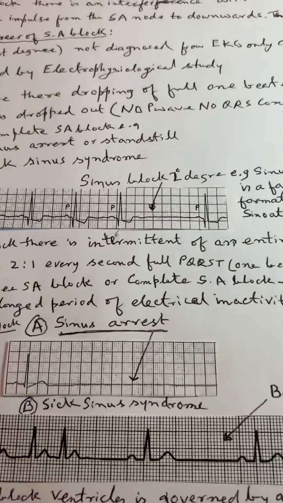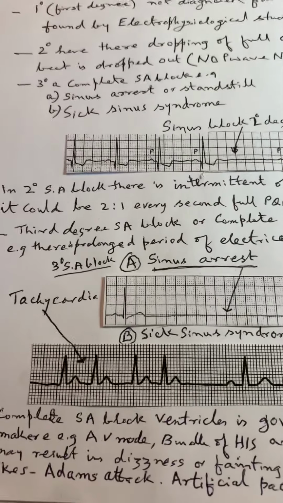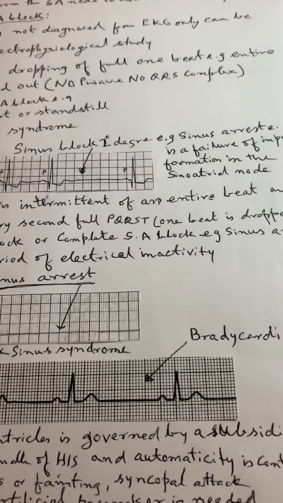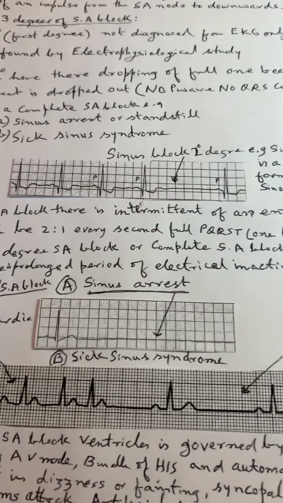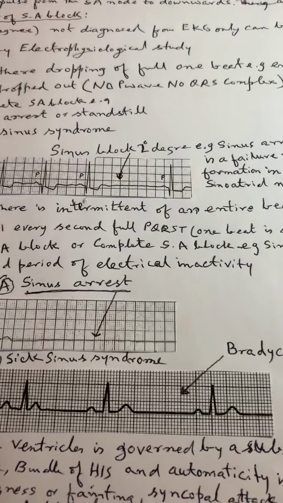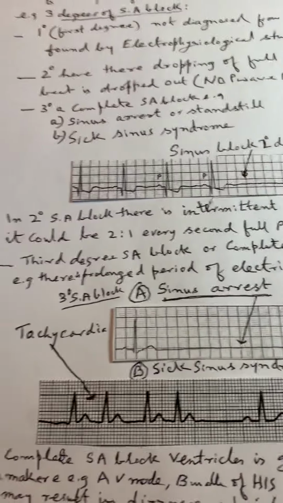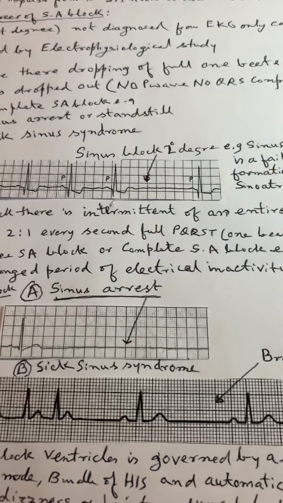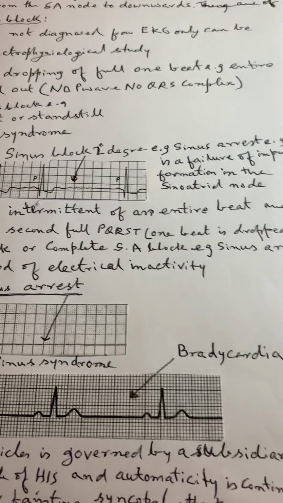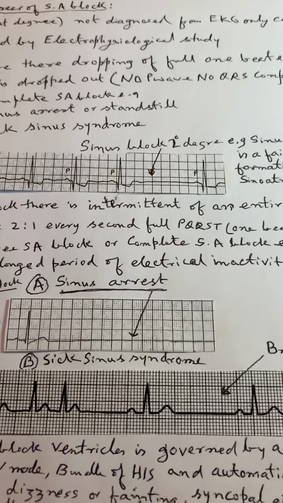Sometimes you will find tachycardia, sometimes bradycardia, so it is known as tachycardia-bradycardia syndrome. You see the first arrow shows tachycardia, and in the same strip the latter part is bradycardia.